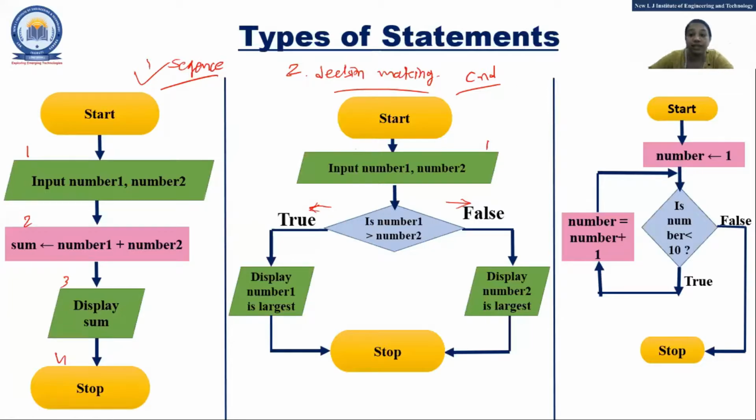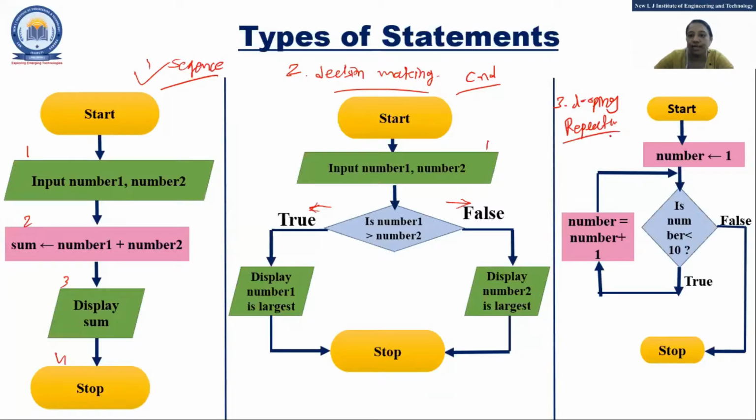The other one is looping. We have not seen the flowchart for it in detail. This is the third one, looping, which is nothing but repetition, the repetition of things.